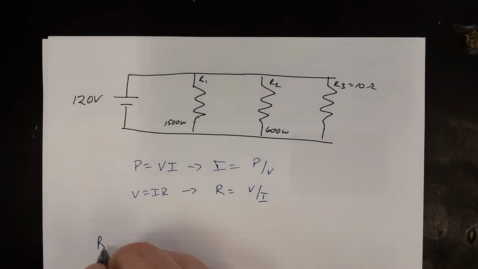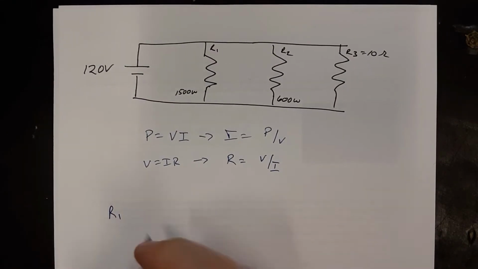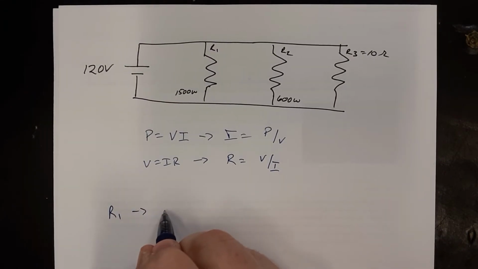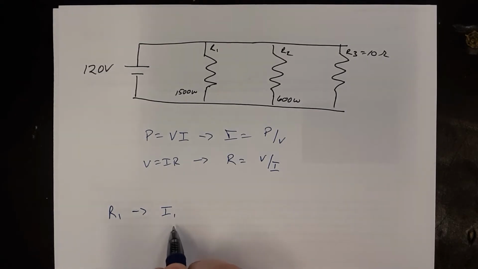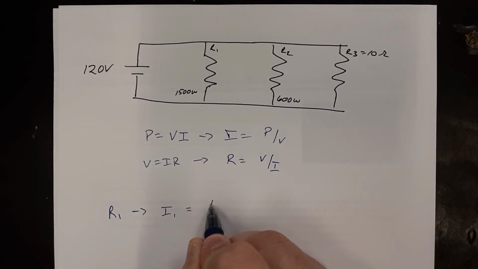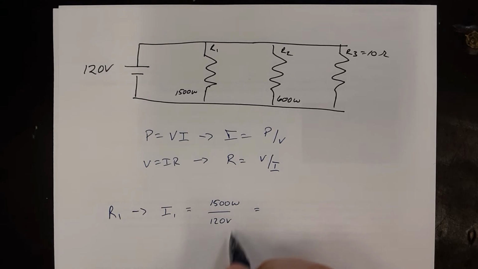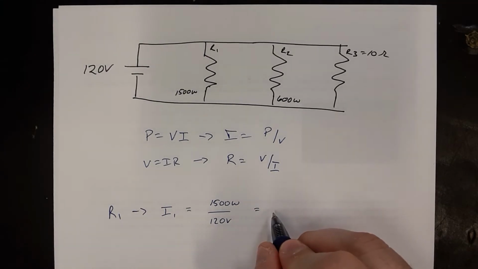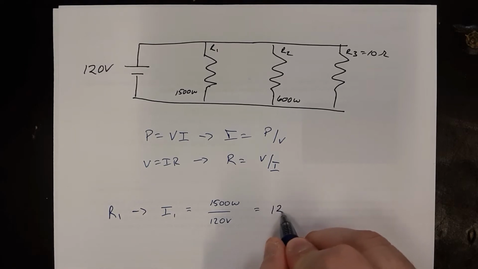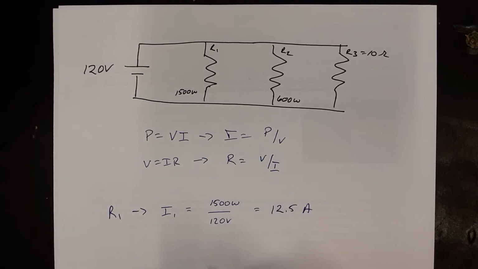And so for R1, right, then the current, and I'll label this current 1, is 1500 watts over 120 volts. And we check our units, and that'll end up being current. And so we'll have 12.5 amps.